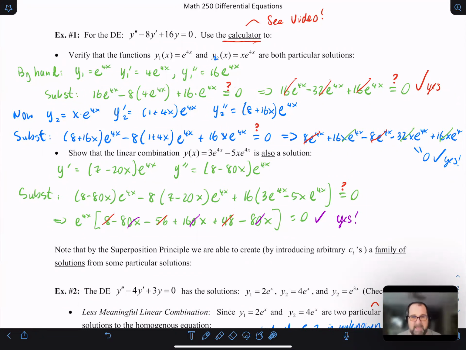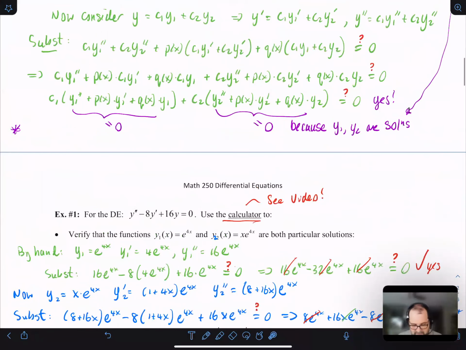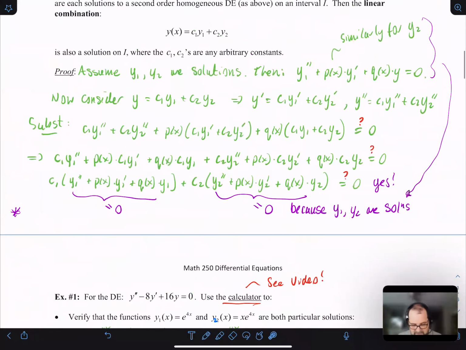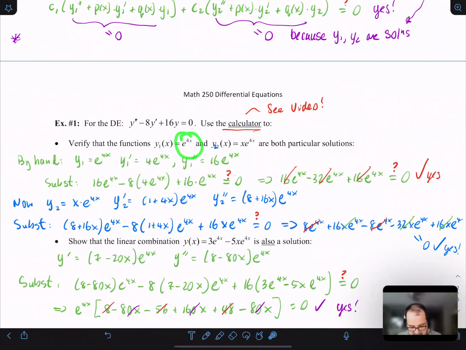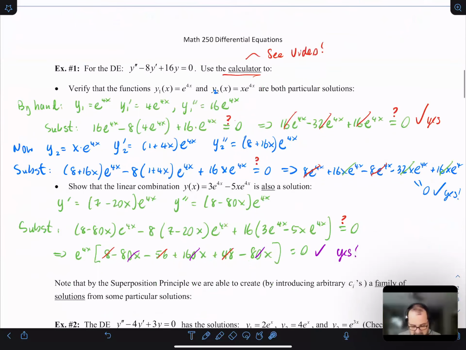And again, what we learned in the previous example was that if e to the 4x is a solution, and x e to the 4x is a solution, then any linear combination of these should also be a solution. For example, here's a specific linear combination, 3 e to the 4x, so this is 3y1 minus 5y2, right? This is a specific combination.